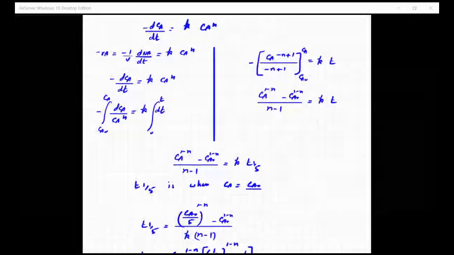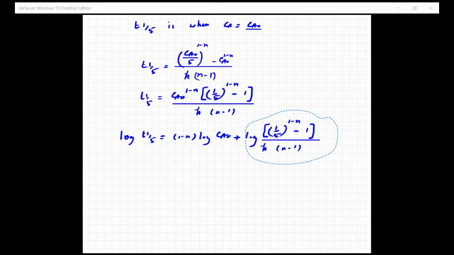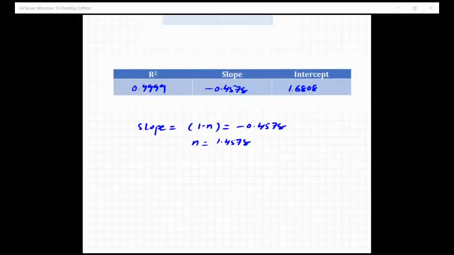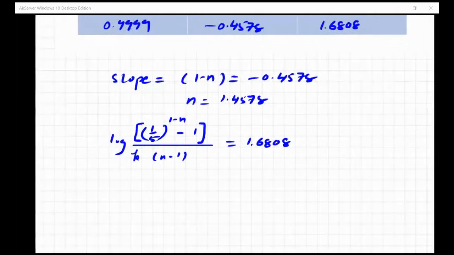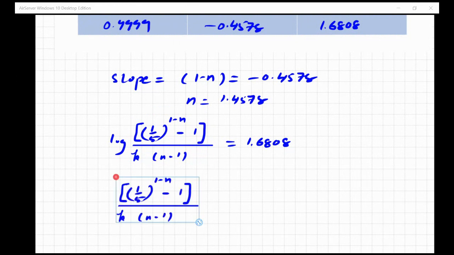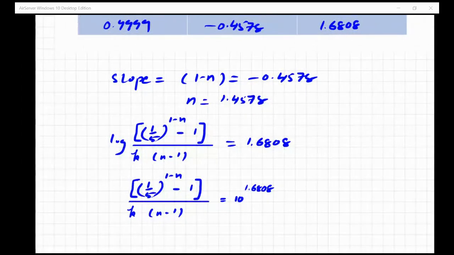Now what else? According to our equation, this is going to be equal to the intercept. So what is the intercept from our linear regression? It is equal to 1.6808, and I'll be able to get this here, which is equal to 10 to the power of 1.6808. Now of course we will substitute for the n. Let's say, for the sake of this class, n is 1.46, for example.